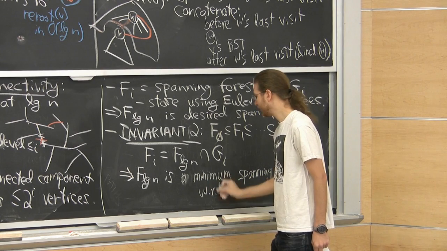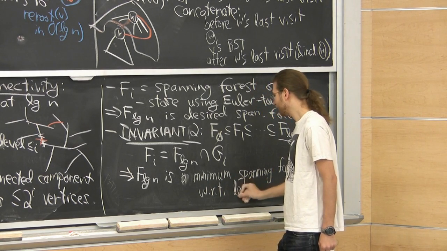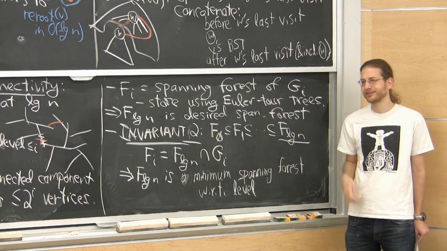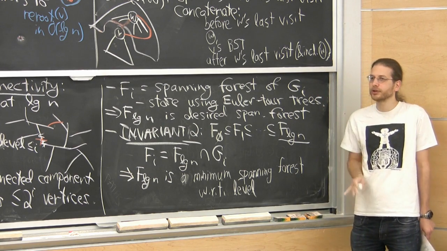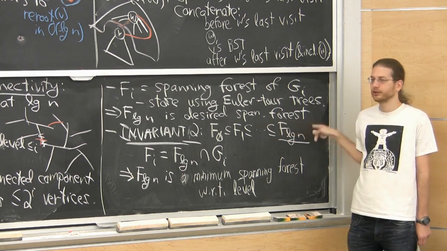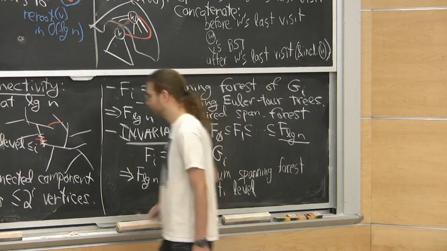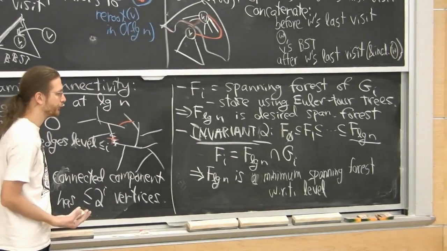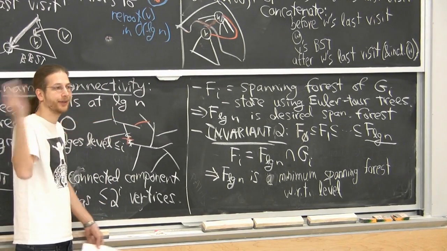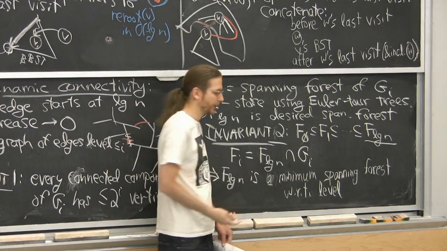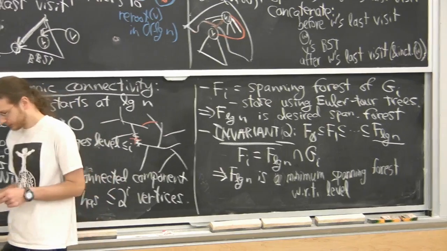So we're defining the weight of an edge to be its level. And so F_log n can't just be any spanning forest. It has to prefer lower level edges. Otherwise, this nesting structure won't be true. Now, that doesn't uniquely define the forest or anything, because maybe all the levels are log n, and then every spanning forest is a minimum spanning forest. But it's a constraint on spanning forest. Cool.